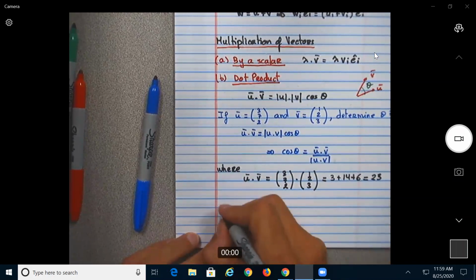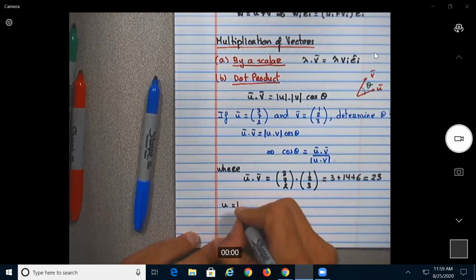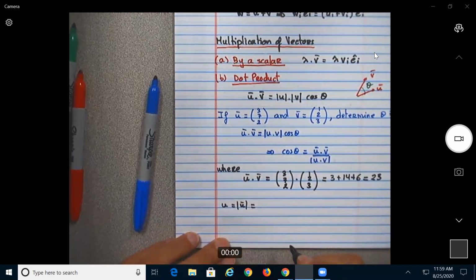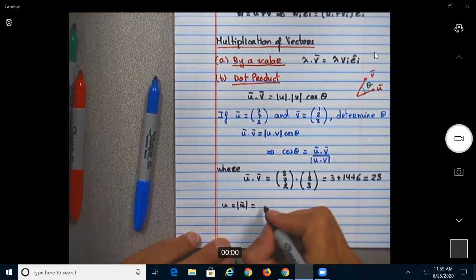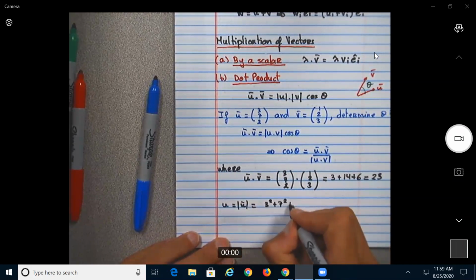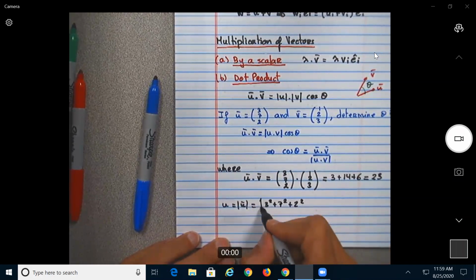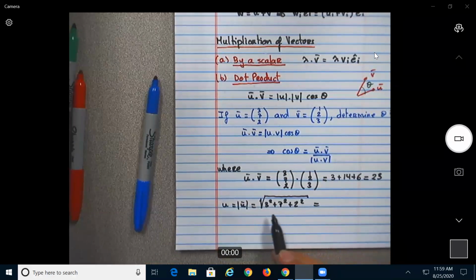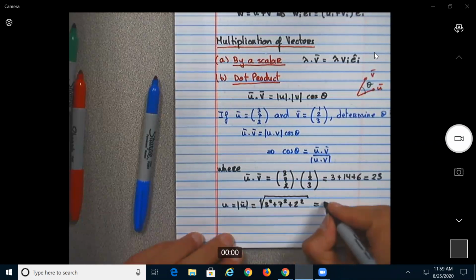Next, the magnitude of U will be equal to what? It will be 3 squared plus 7 squared plus 2 squared, which is 9 plus 49 plus 4, that will be 62.